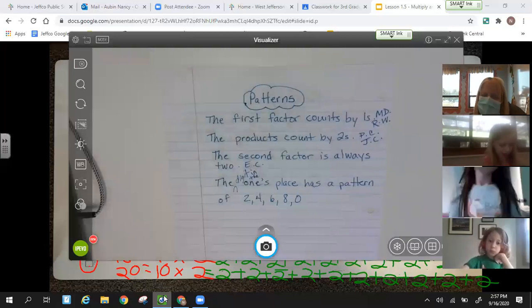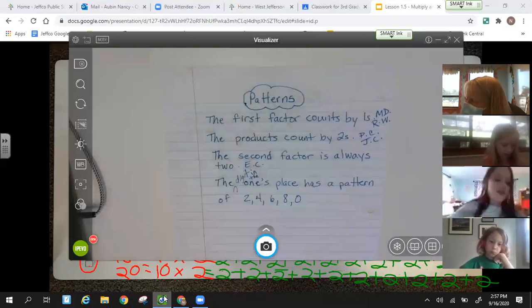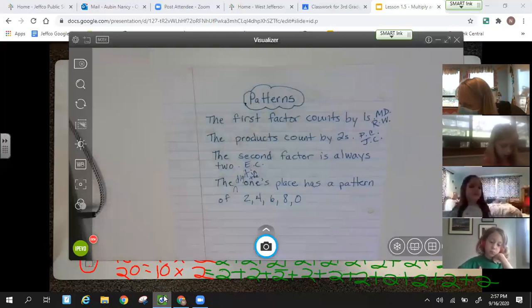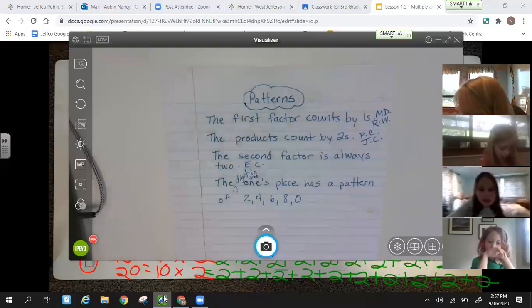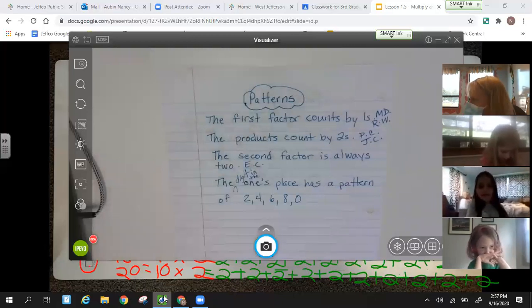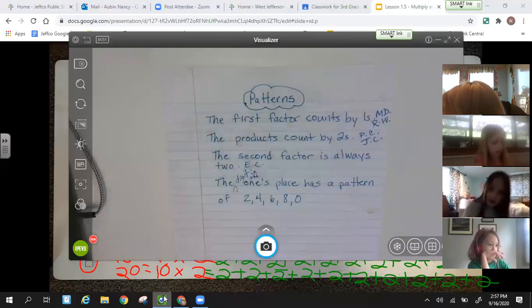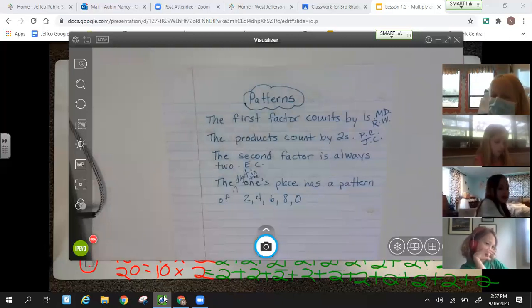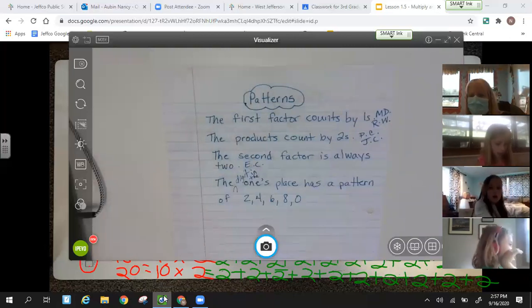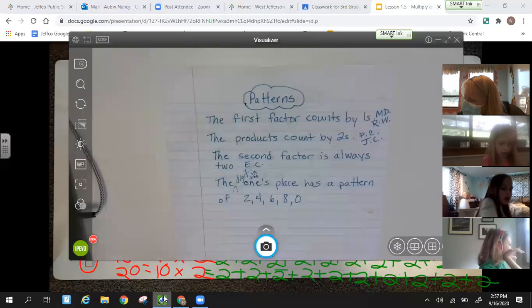I see Henry has raised his hand. Henry, do you want to unmute? It will have a 2, 4, 6, 8, or 0 at the end of it. Excellent. You are right. I'm going to put your initials here for that.